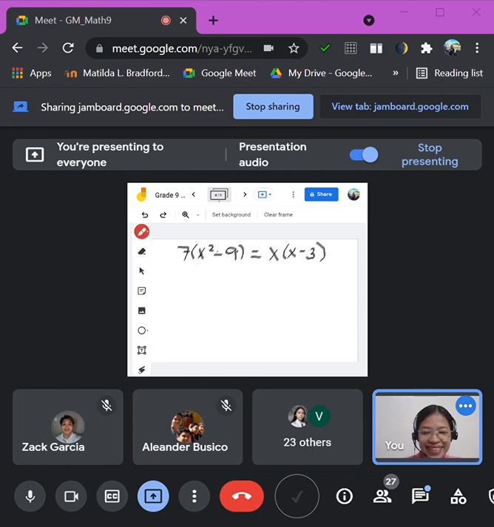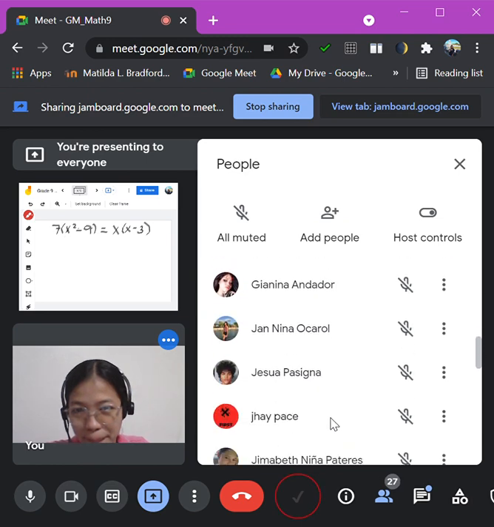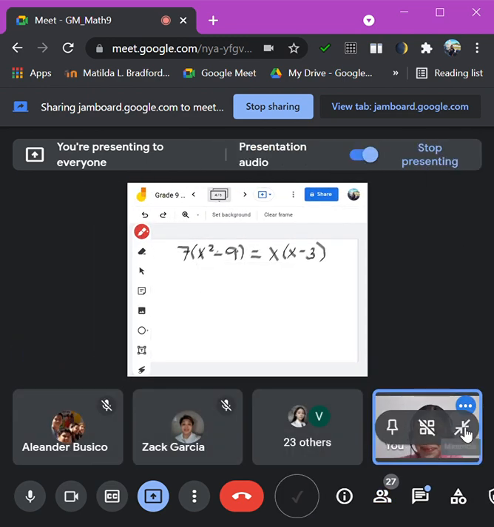Ma-factor siya or dili? Di ba kana ato ang x squared minus 9? That is a difference of two squares. So, meaning to say, it can be factored by special factoring.